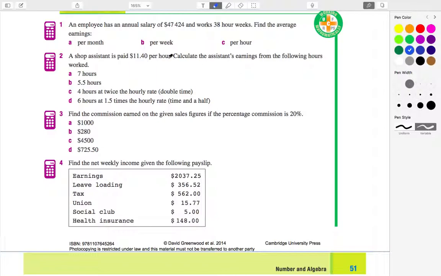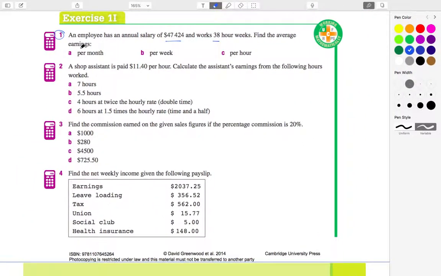Looking at question 1, an employee has an annual salary of $47,424 and works 38 hours a week. Find the average earnings per month. What we know is how much they get per year. Let me just zoom in a little bit.